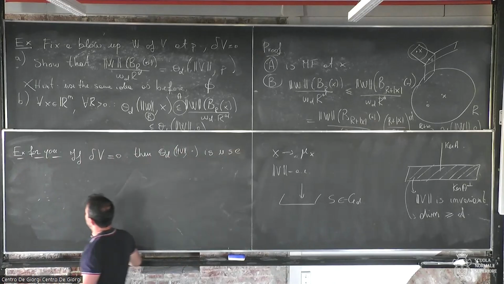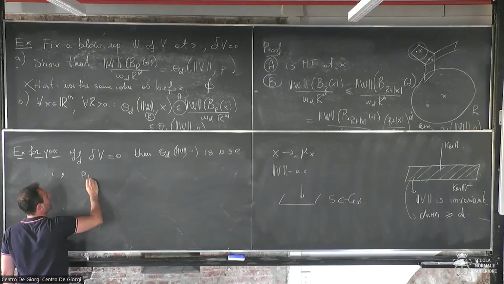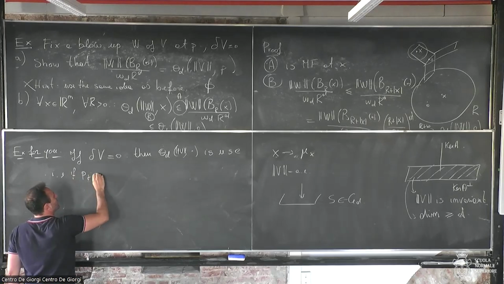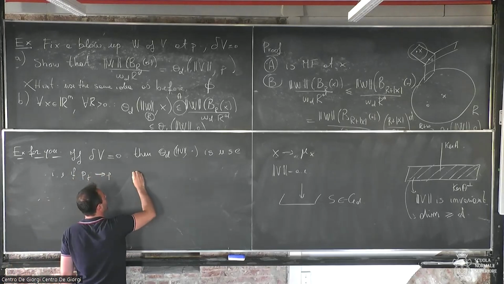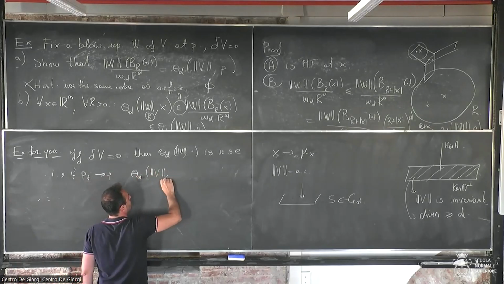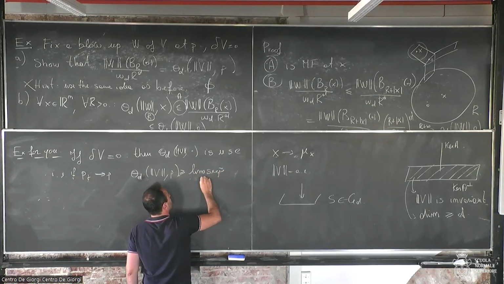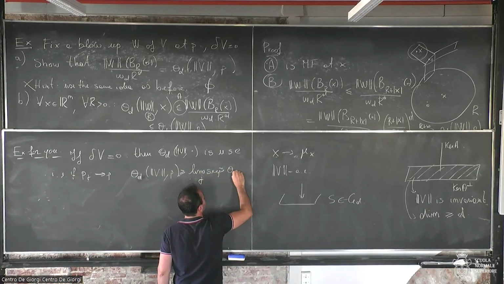Well, what does it mean? It just means that if you take Pj converging to P, then the density at P of the varifold is bigger or equal than the limsup on j of the same density at P.